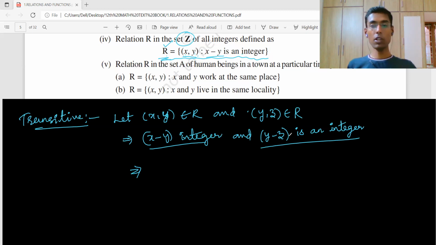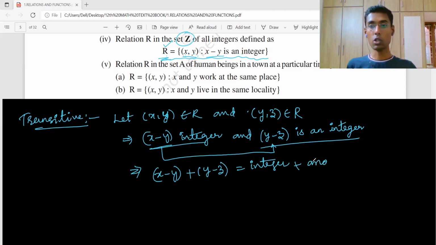This is an integer, this is an integer, and integer plus integer will be an integer. So we can add: x minus y plus y minus z is an integer plus an integer, which is equal to another integer.